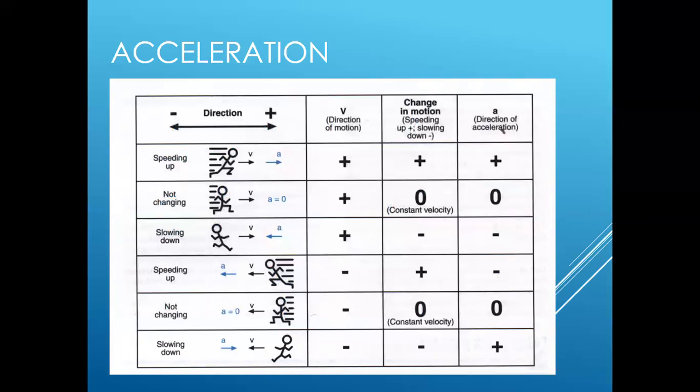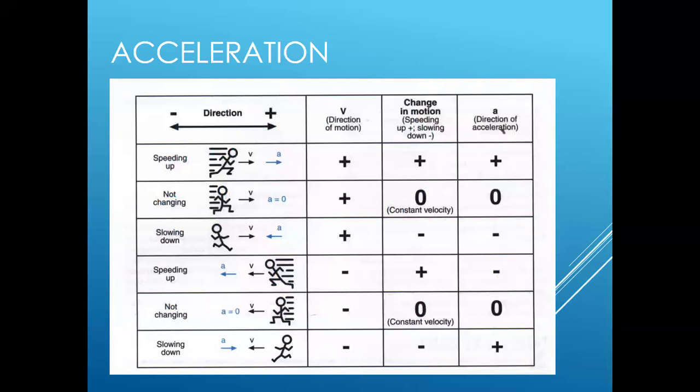If the person, on the other hand, is slowing down but still running in the positive direction, their direction of motion is positive, their change in motion now is negative. They're slowing down. Therefore, their acceleration is negative. That's all pretty simple to understand.